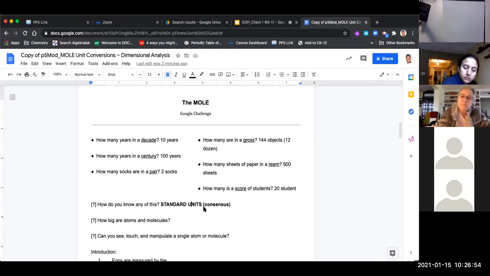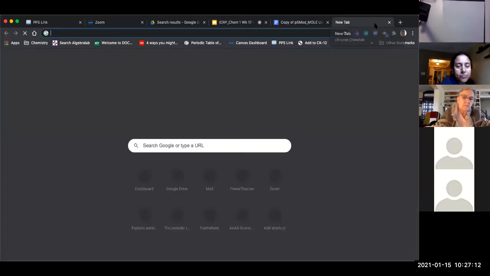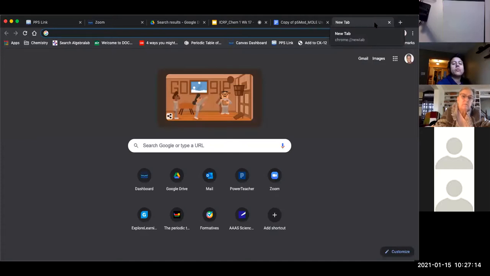We know by Googling it now, but when we Google something, what we're basically saying is we have come to a consensus. We agree. How big are atoms and molecules? They're actual numbers. If we're asking how big is an atom, we need to decide what type of atom we're talking about.